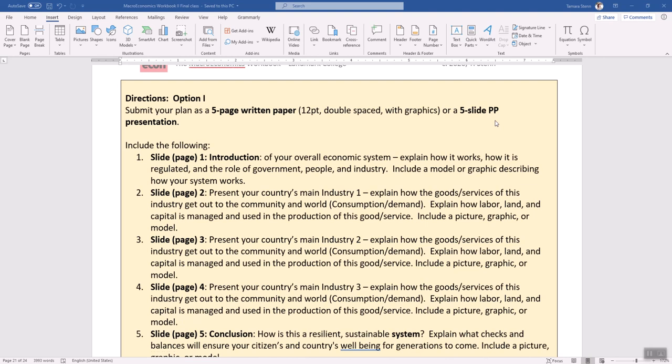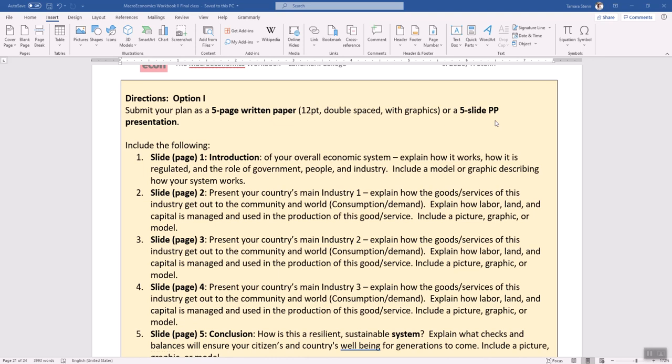So in this option one, there's 5 slides or 5 pages. And the first page would be looking at your overall economic system. So it explains how it works, how it's regulated, the role of the government, the people, the industry, and include a model or a design, right, describing how your system works.